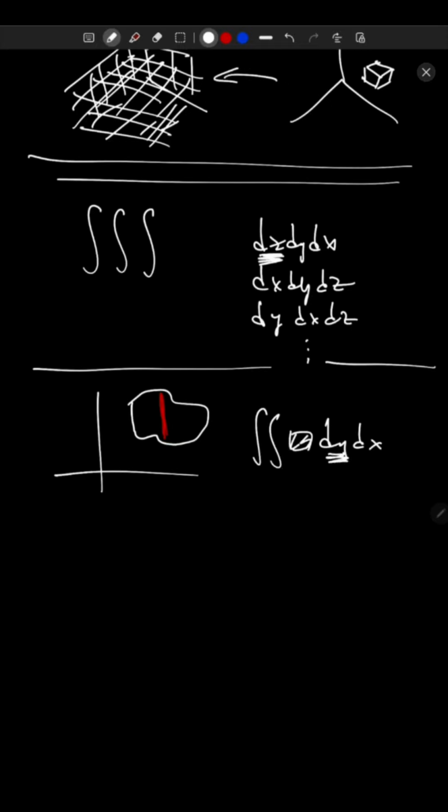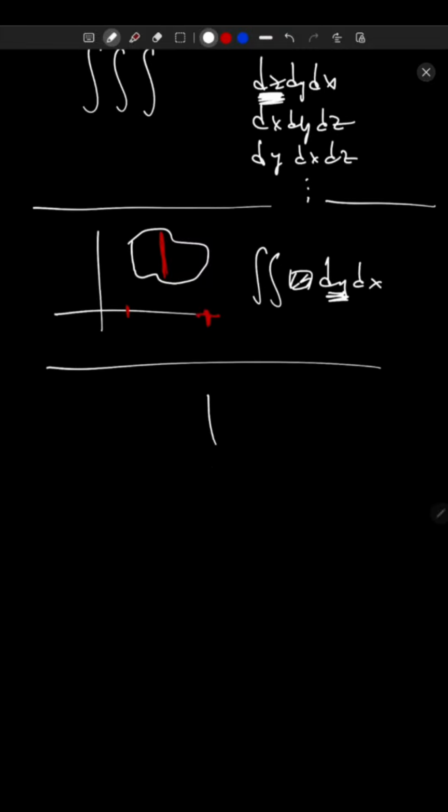We integrate our inner integral, we represent it using a vertical line, dy, and then we integrate from x equals this point to this point out here. Now, same idea. If we integrate with respect to dz first, we represent that with a vertical line in space. Our region is, again, a region in space, and we represent the dz integral as a vertical line from one end of our region to the other.